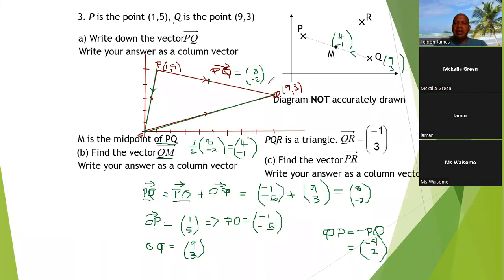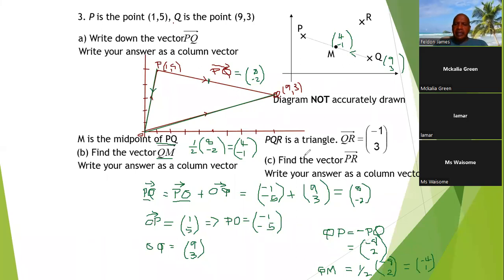Now, if you're finding Q to M, which is half of QP, so you would have negative 4 and positive 1. So that would be from Q to M.